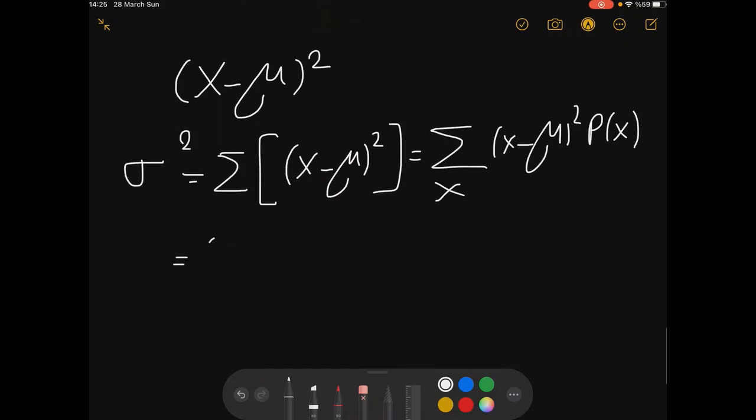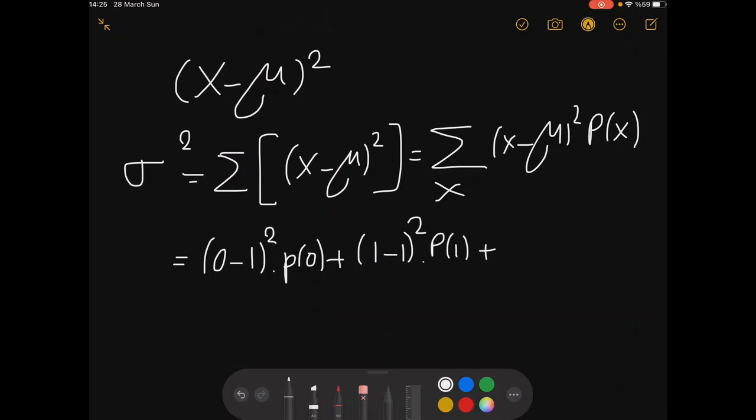And they should be 0 minus 1 square times probability of 0, plus 1 minus 1 square probability of 1, plus 2 minus 1 square probability of 2.